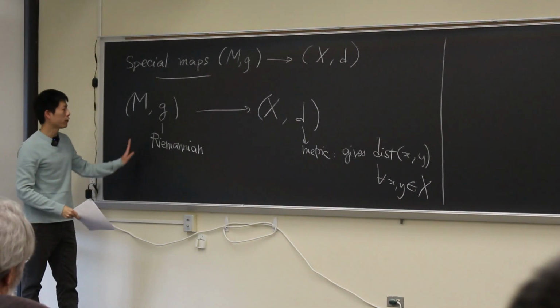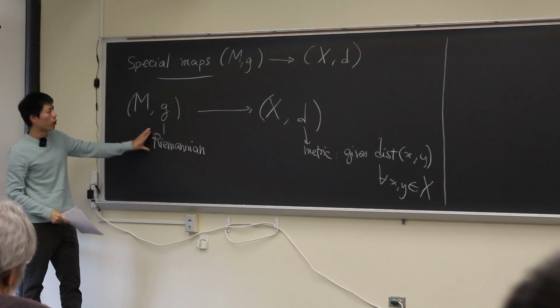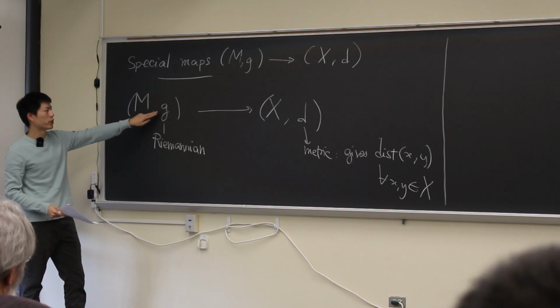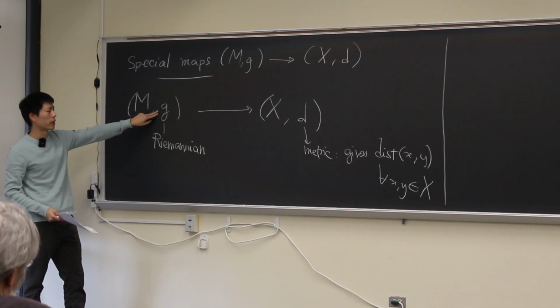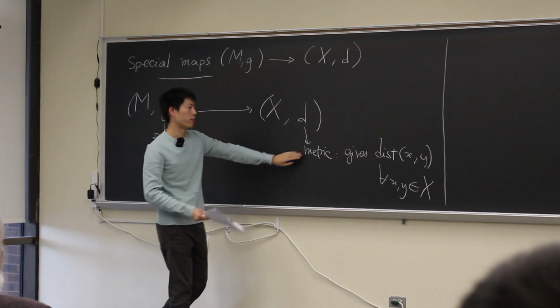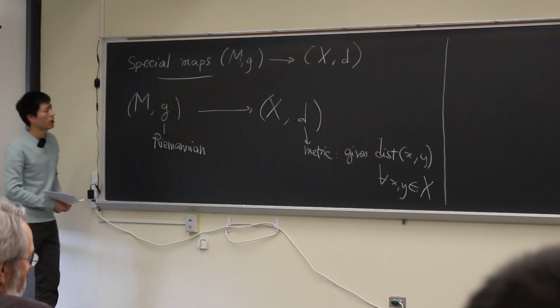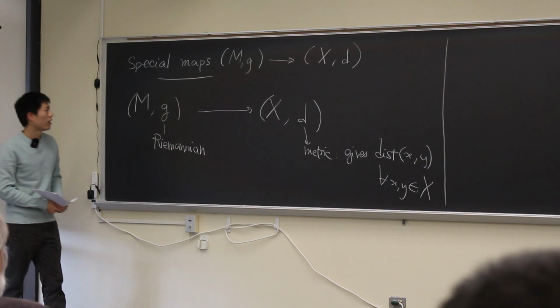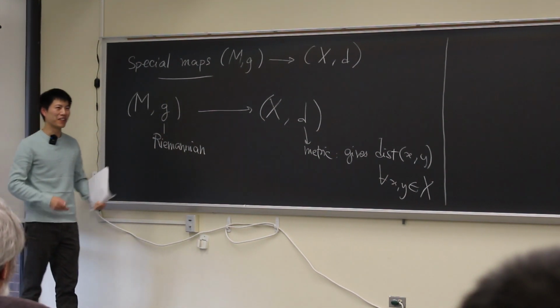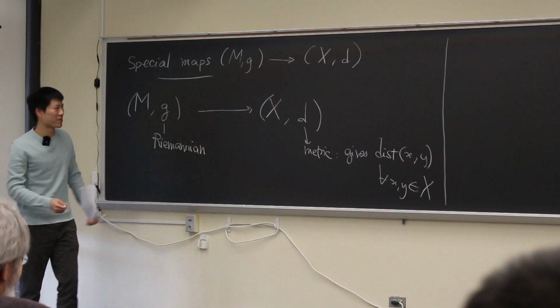Just to clarify, if you have a Riemannian metric, you also know the distance between any 2 points in M with respect to that Riemannian metric. So a Riemannian metric is a very special case of a general metric like this. Or I can allow infinite distances. Let's be generous.